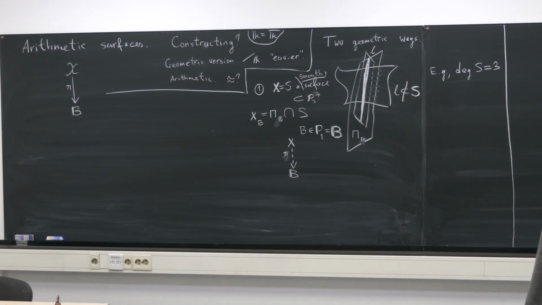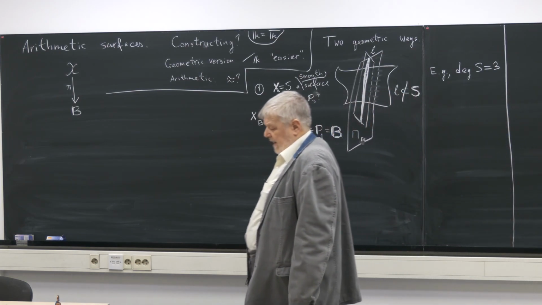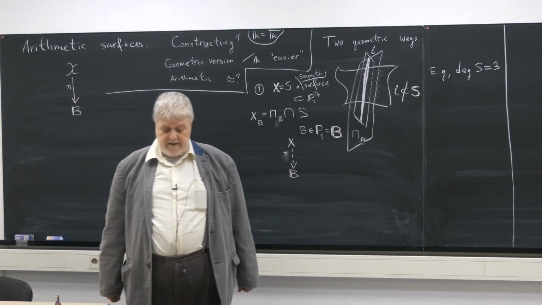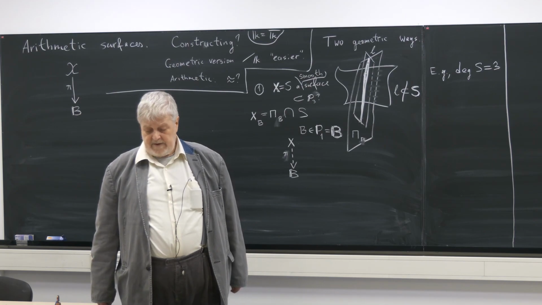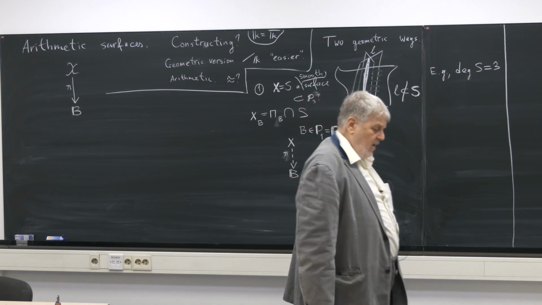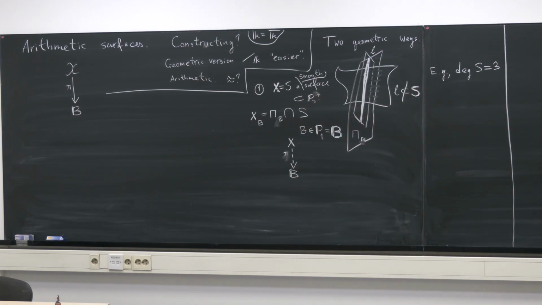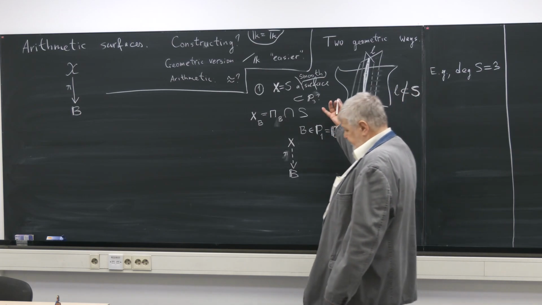As for the geometry, it was completely understood in the 19th century. As for the arithmetic of both cubic surfaces and cubic curves, it has lots of open questions, and we'll formulate some of them. So this is the first way.